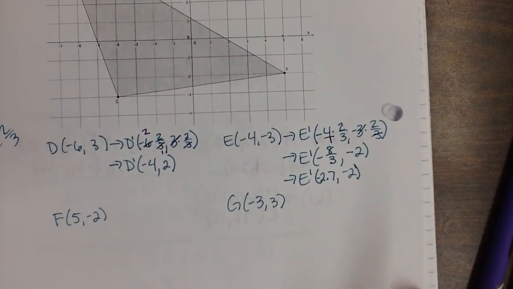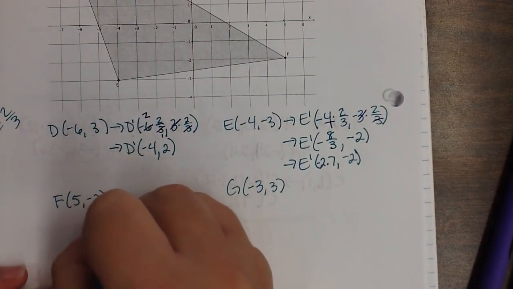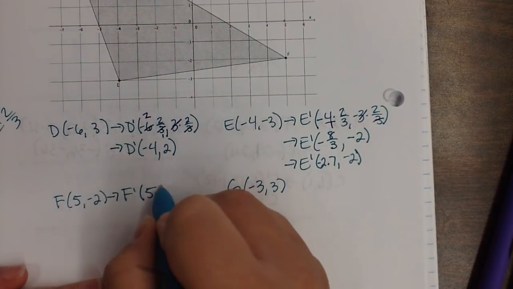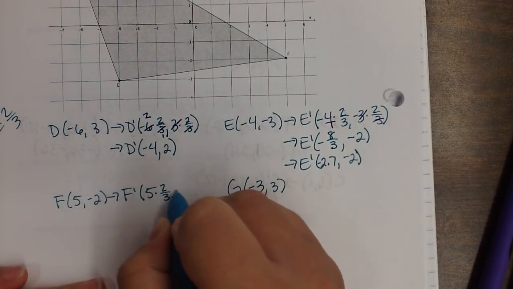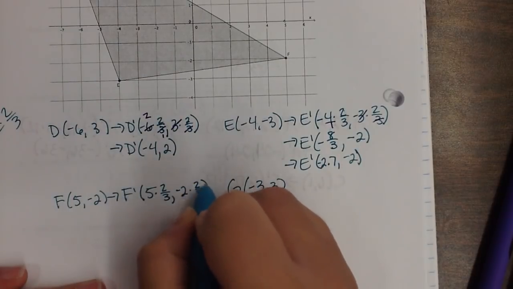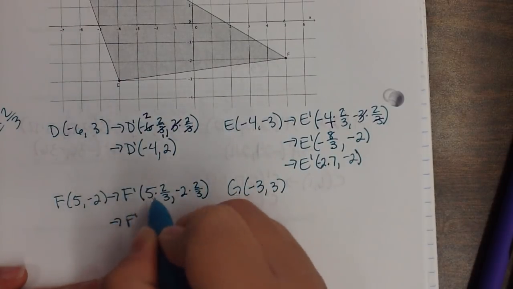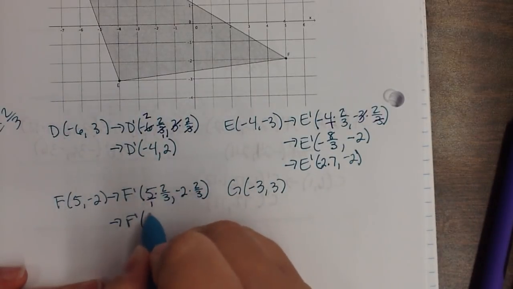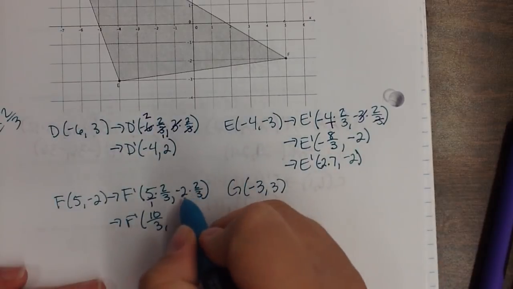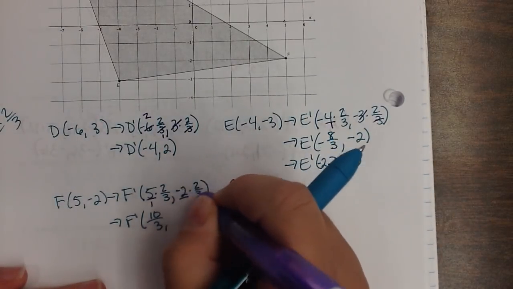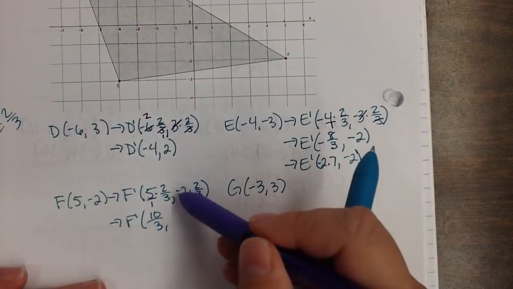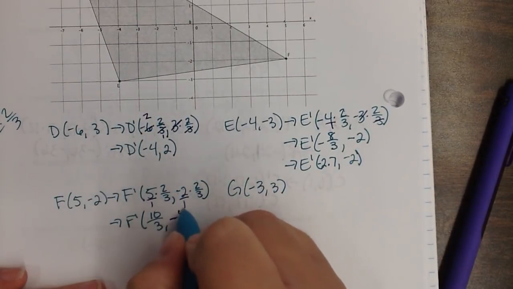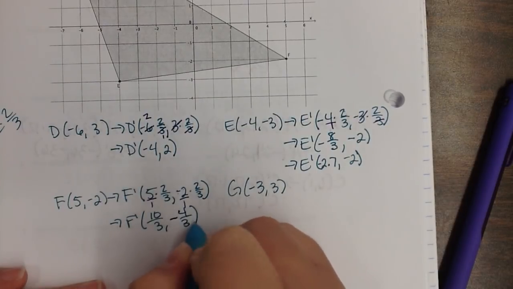Looks like we're going to have to do that on F as well. Okay, so F prime is 5 times 2/3 and negative 2 times 2/3. So F prime, if we put it over 1 and multiply, it would be 10 over 3. And then these two can't simplify, so I put it over 1, negative 4 over 3.